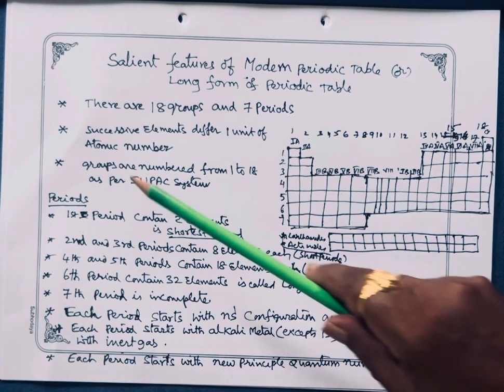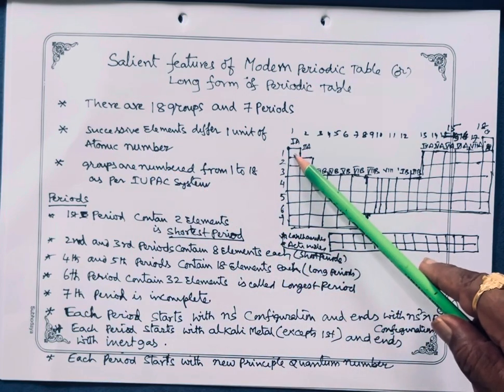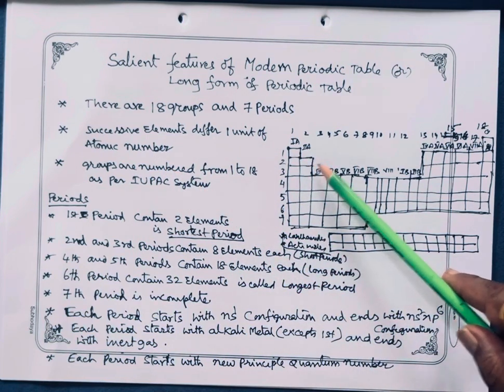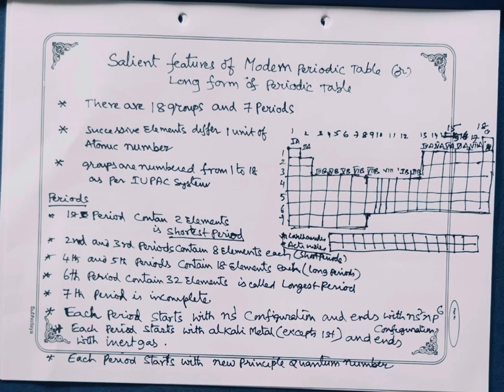The successive elements differ by 1 unit of atomic number. First element, atomic number 1, next comes 2, 3, 4. Every 2 successive elements differ by only 1 unit of atomic number.